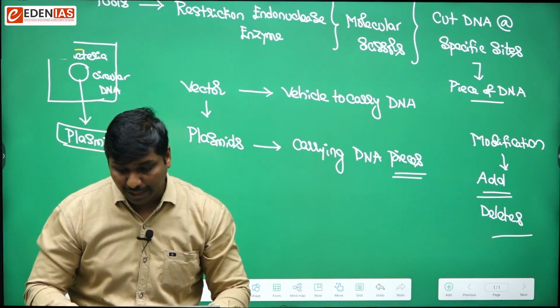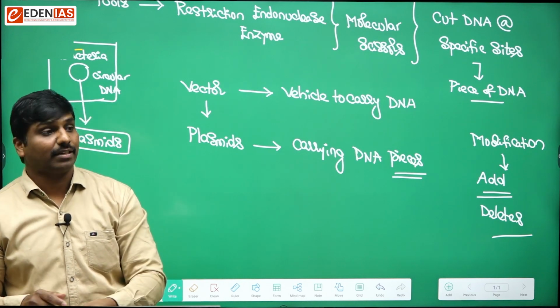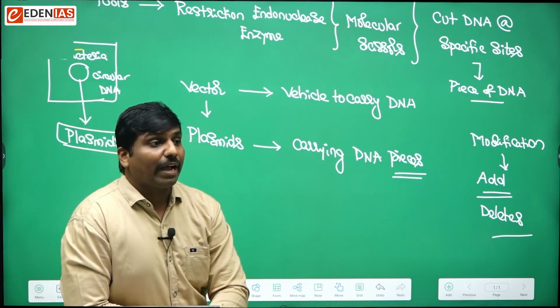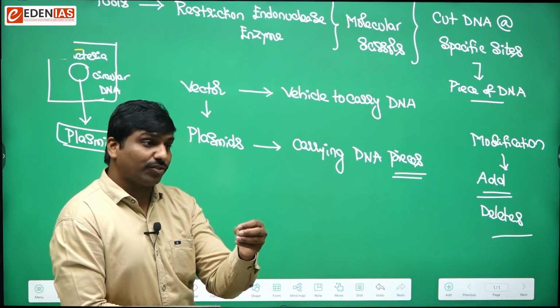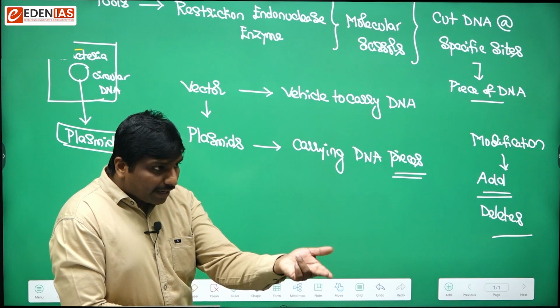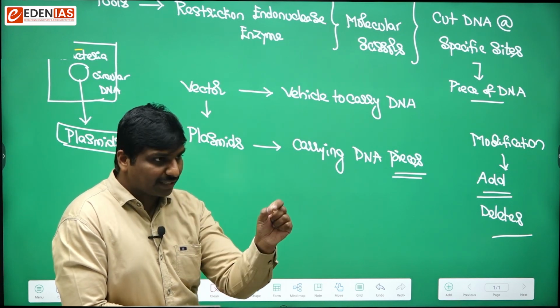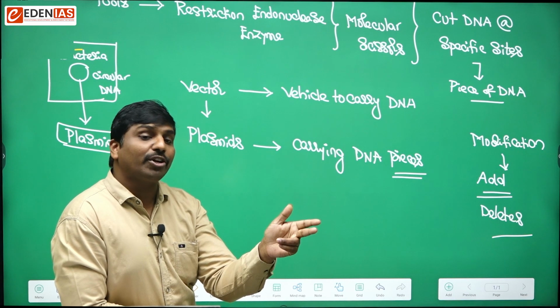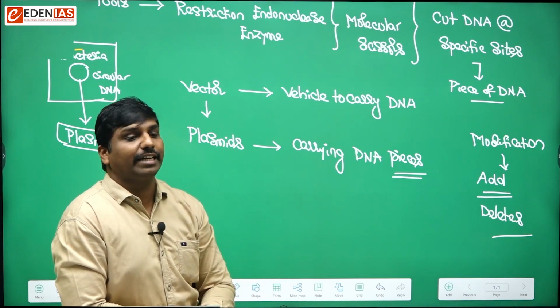In 2018, some Chinese scientists replaced HIV resistant genes in the embryonic stem cells. These embryonic stem cells led to the development of twin kids.